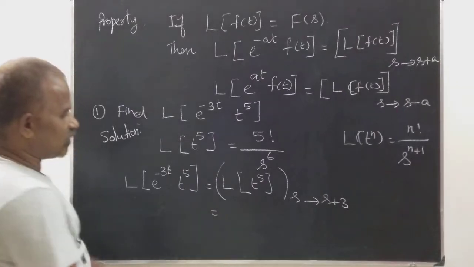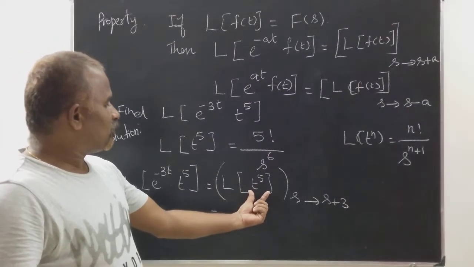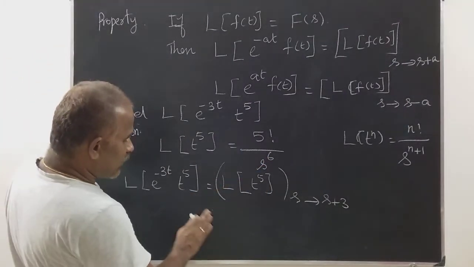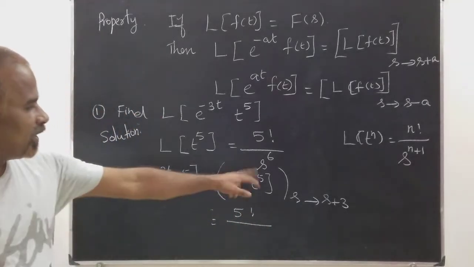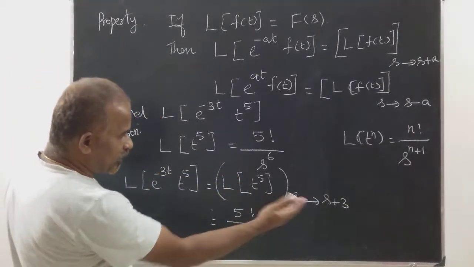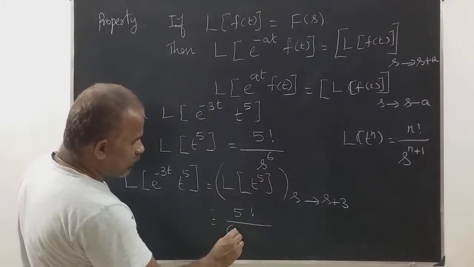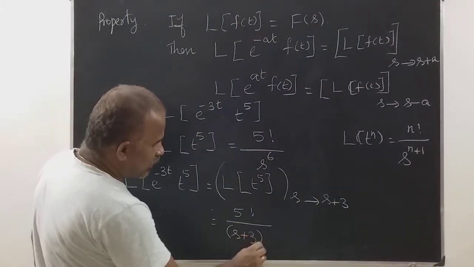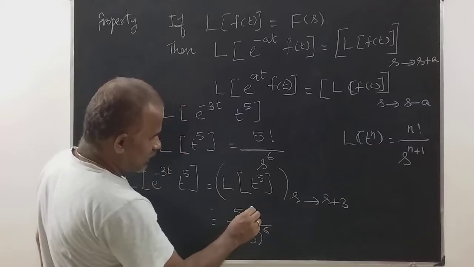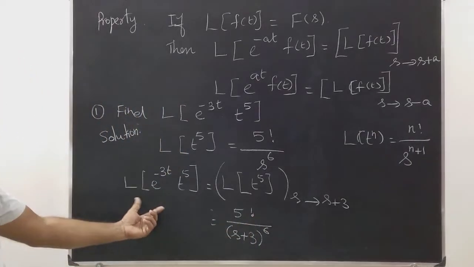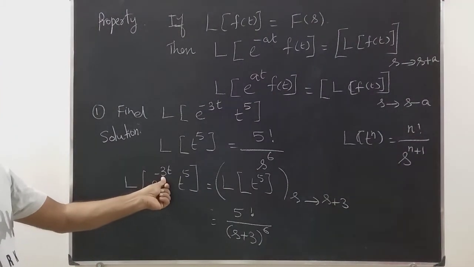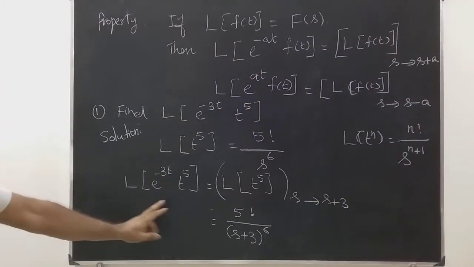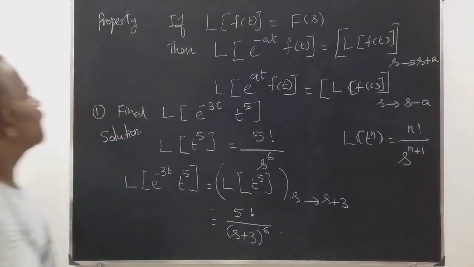So therefore this is equal to 5 factorial divided by s plus 3, the whole power 6. So this is our required Laplace transformation of e power minus 3t into t power 5.